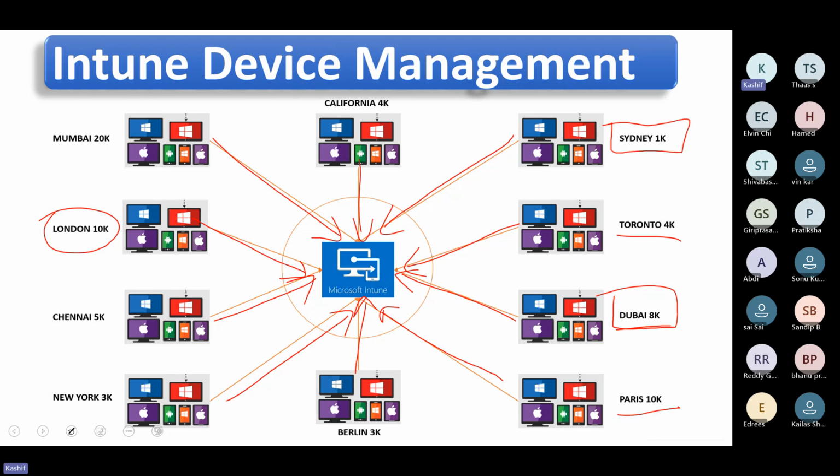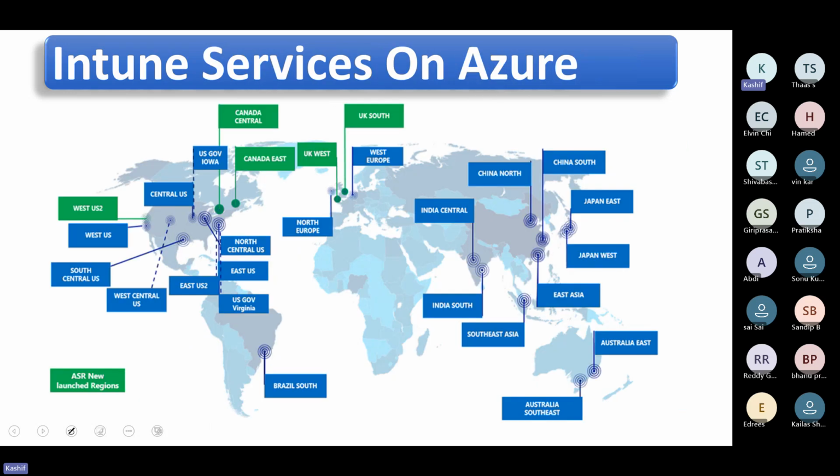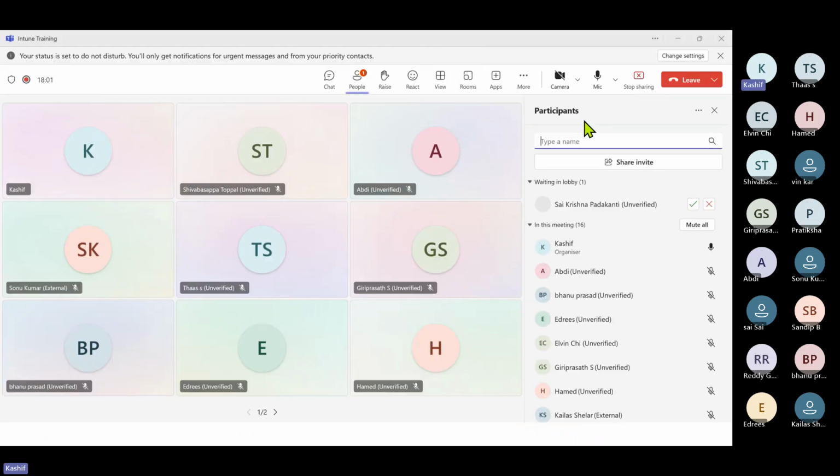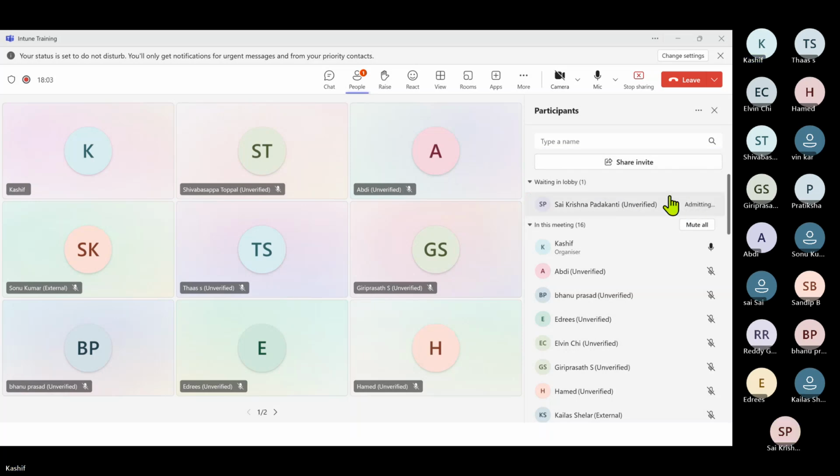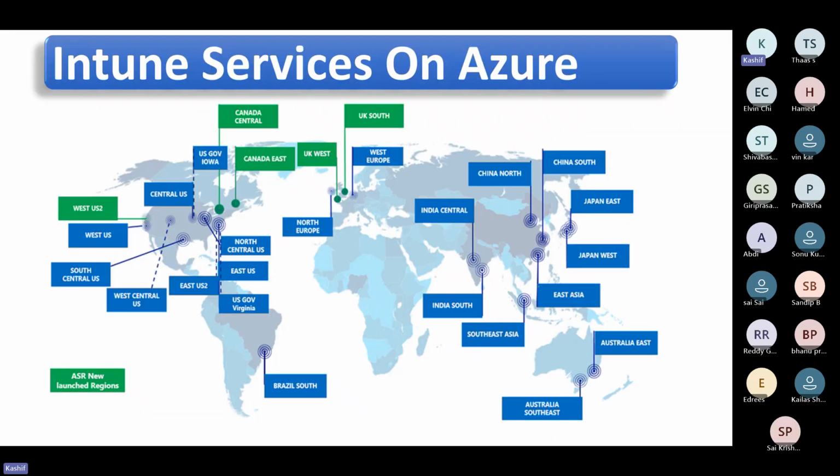You will have complete control of the devices, no matter where the device is located, as long as the device has an internet connection. Okay. Now, yesterday we discussed that Intune services are running on the Azure Cloud Data Center, right? What is Azure Cloud? It's a public data center wherein Intune services are running.